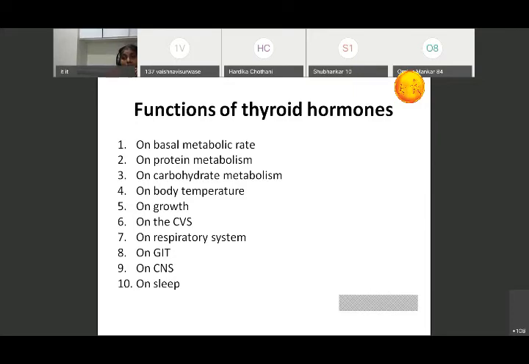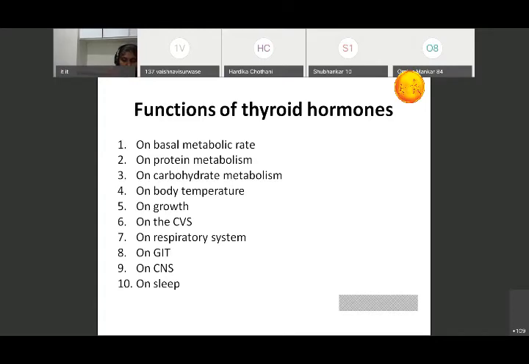In hypothyroidism, the basal metabolic rate is decreased by 20 to 40%. Why? Because it increases oxygen consumption and it is called a calorigenic hormone. That is one part, the BMR, basal metabolic rate.